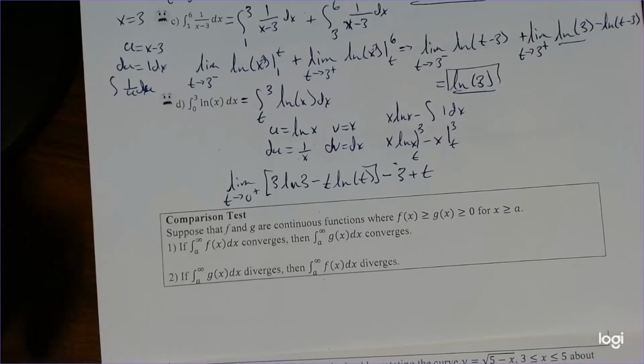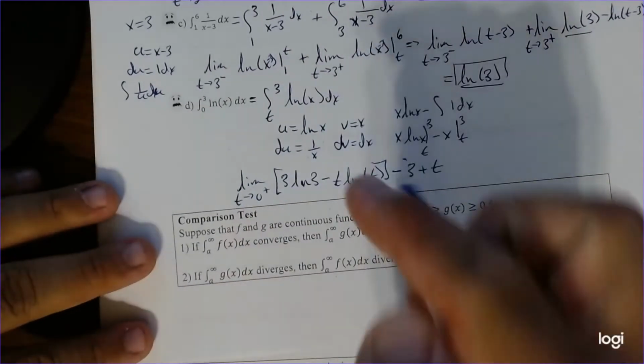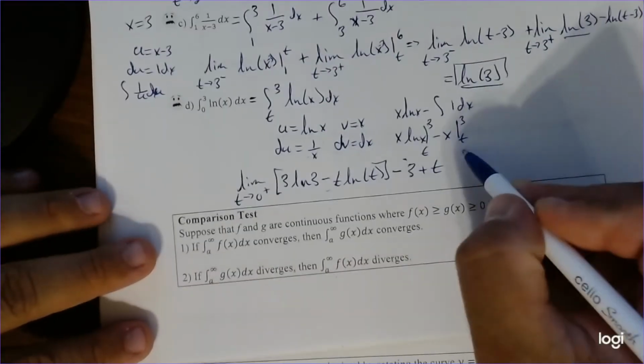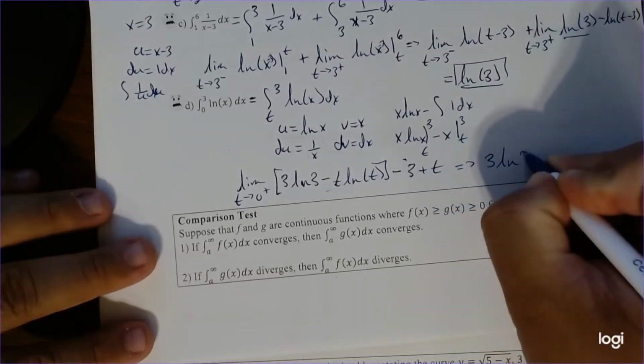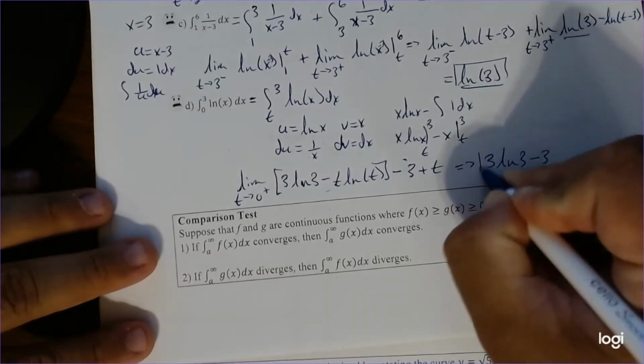All right, so as this goes to 0, that's gone, that's gone. So we're left with natural log of 3 minus 3. And there we go.